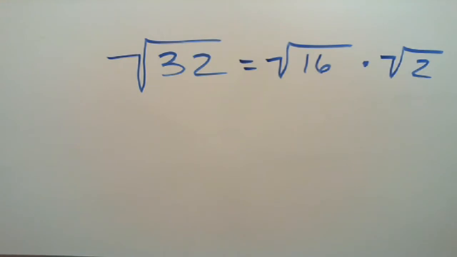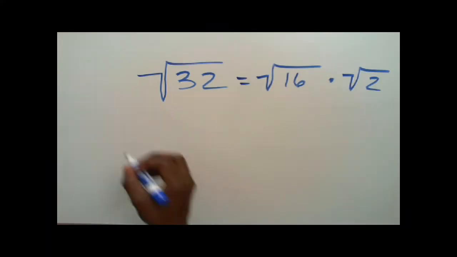I know 16 goes into 32 twice and is a perfect square. So I rewrite the expression as the square root of 16 times the square root of 2.